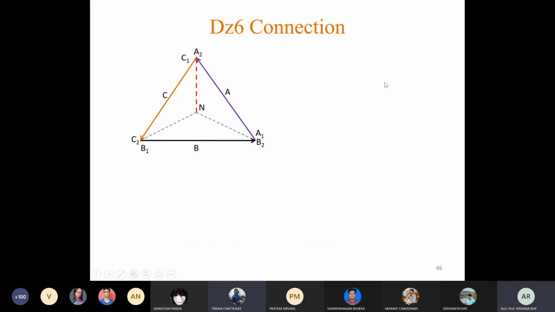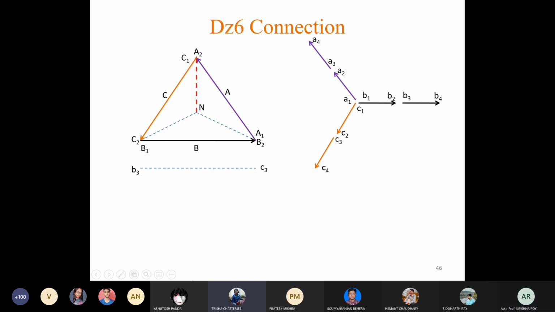Okay. So now Dz6. The connection of the primary side remains the same, and the phasor diagram remains the same, so the connection will also remain the same. Before connecting the low voltage side, the orientation of phasors is like this.